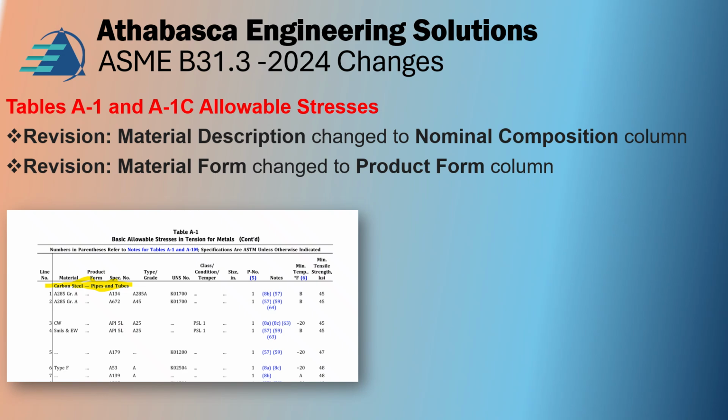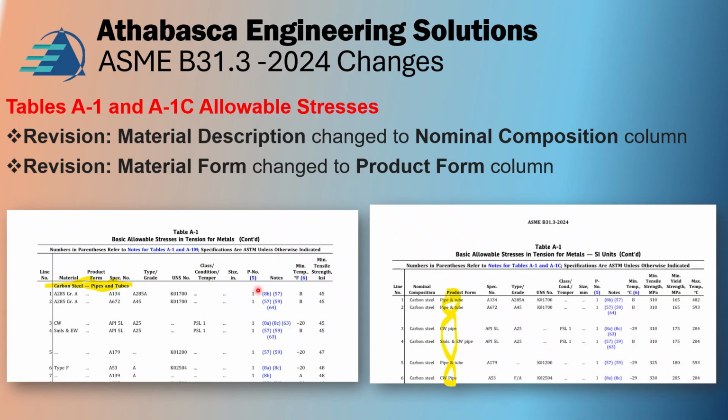In yellow, we see the material description followed by the product form in a row. If you take a look at the next one, over here you see the nominal composition has moved over from here to here, and the material form has changed to a product form column.